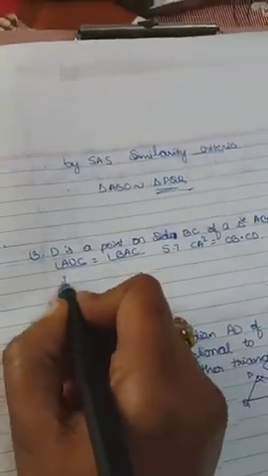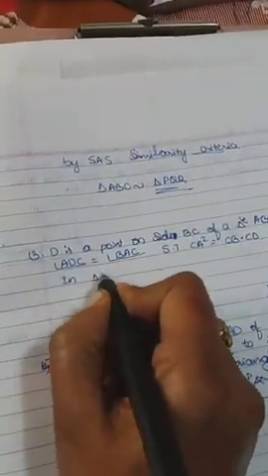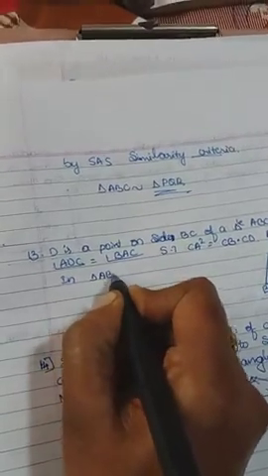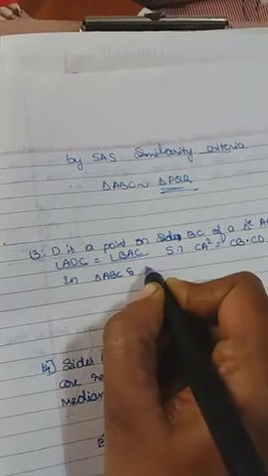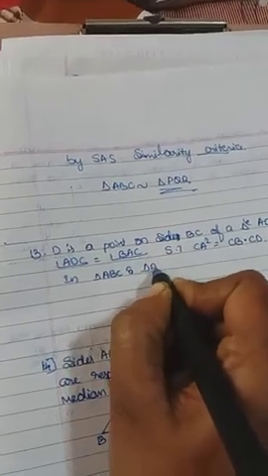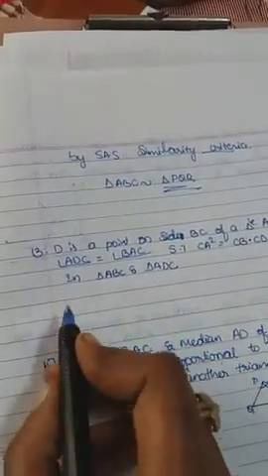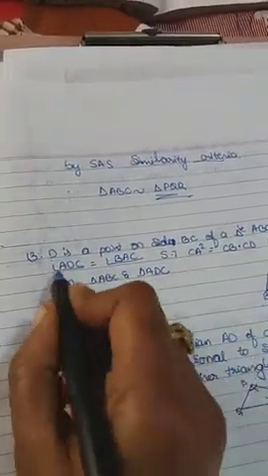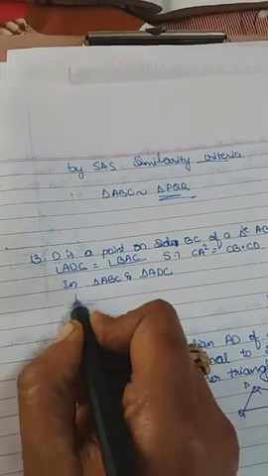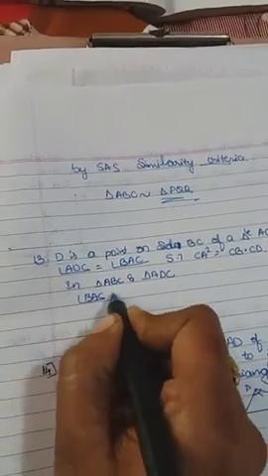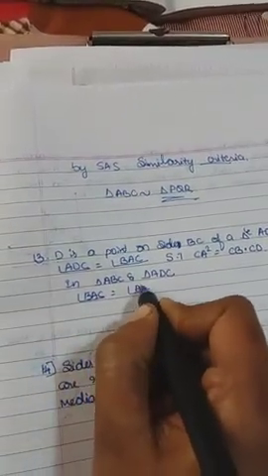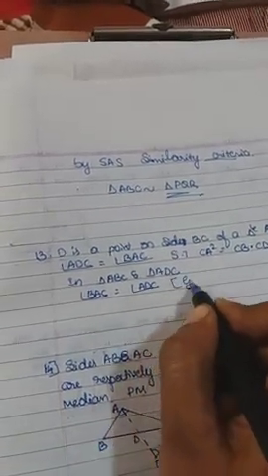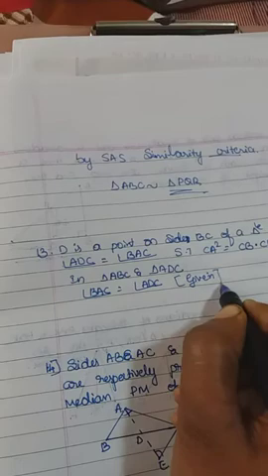So we have to take the two triangles: triangle ABC and triangle ADC. They have given angle ADC equal to angle BAC. Write in a bracket as given.